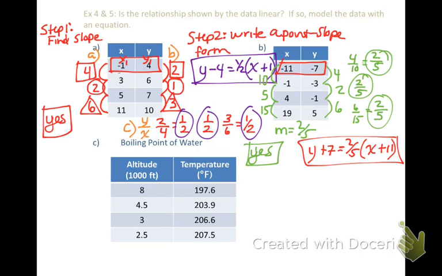So since they all have the same slope, yes, it is a linear equation. We can make a linear equation out of it. And again, I use the top numbers to make my linear equation. So it would be y plus 7 equals 2/5 parentheses x plus 11.